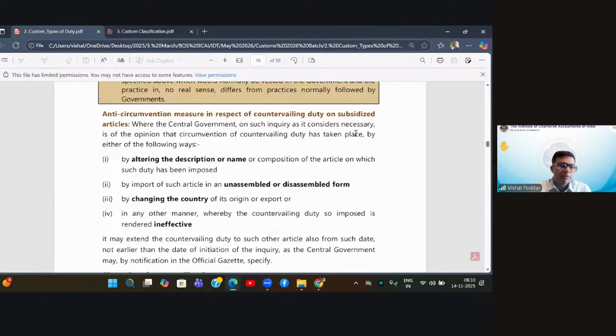If the businessman comes to know that even if their country has given him a subsidy because of which his goods are cheaper, and he is selling those goods to India, our Indian government will impose this countervailing duty, it will be of no use because the price of his goods in India will again increase. So what they do is they try to override this, they try to escape from the levy of this countervailing duty. How? By resorting to one of these methods.